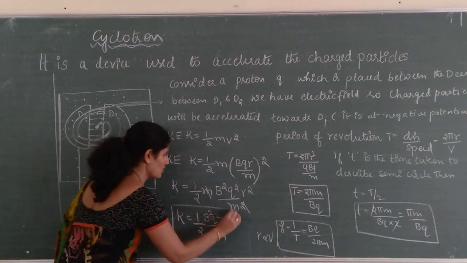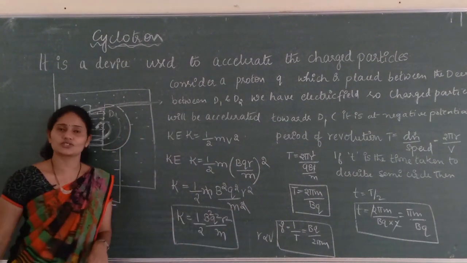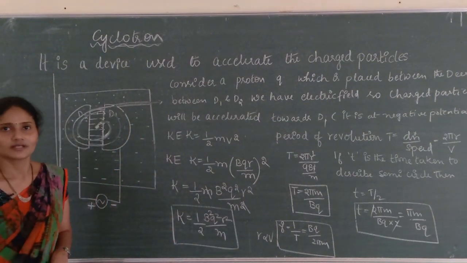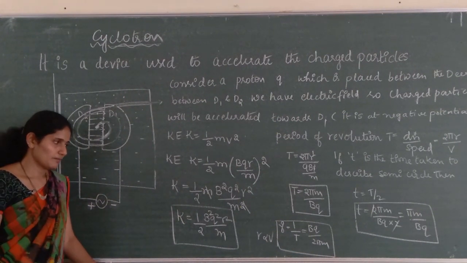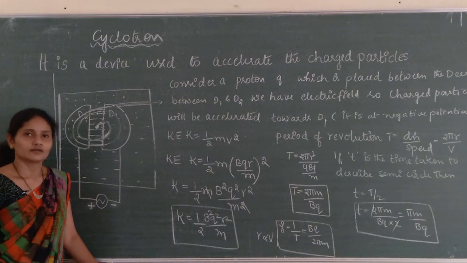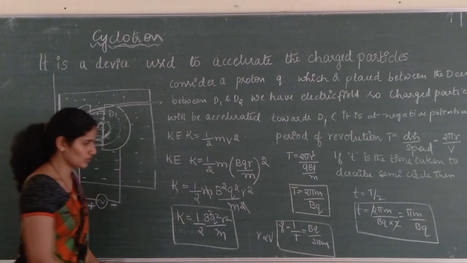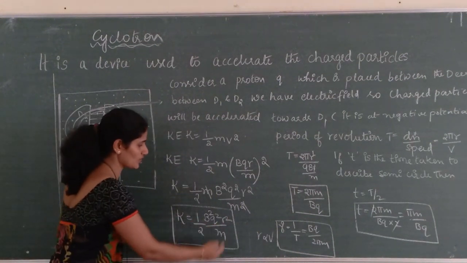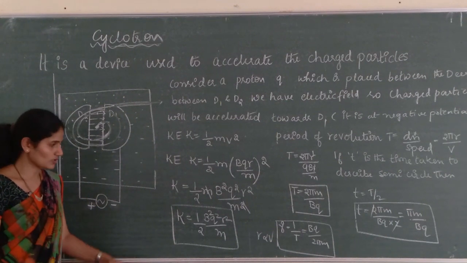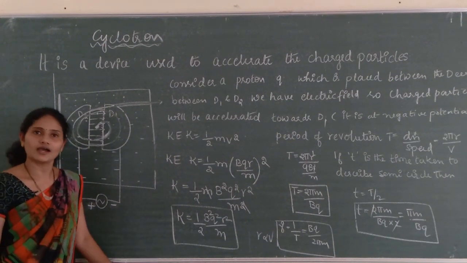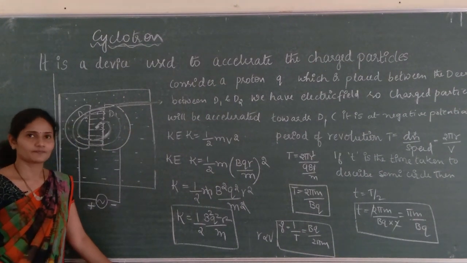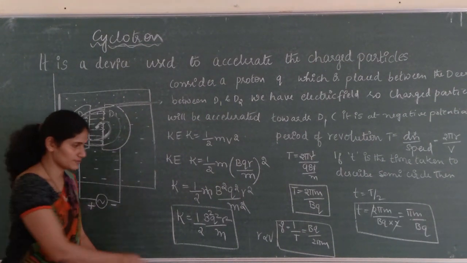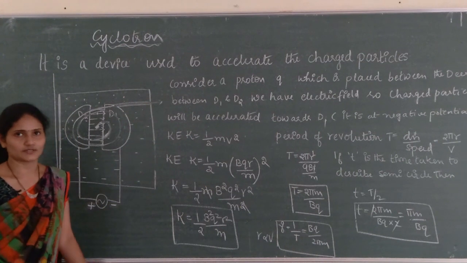This is the expression for the maximum kinetic energy of the charged particle. Kinetic energy depends on R, it depends on m, it depends on B, it depends on Q.